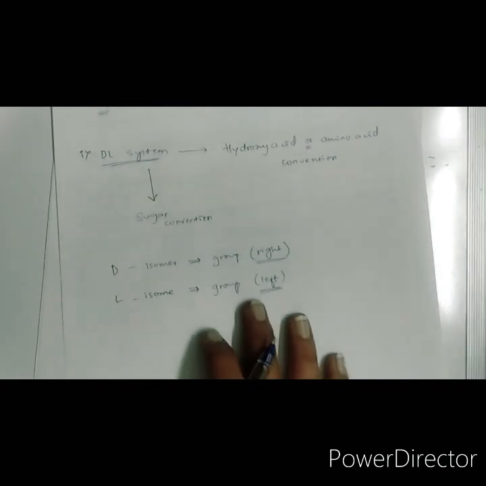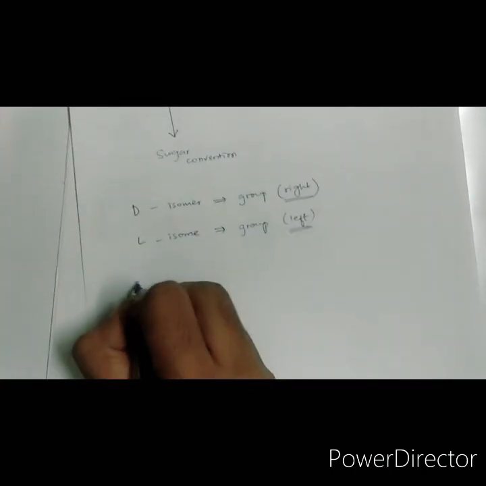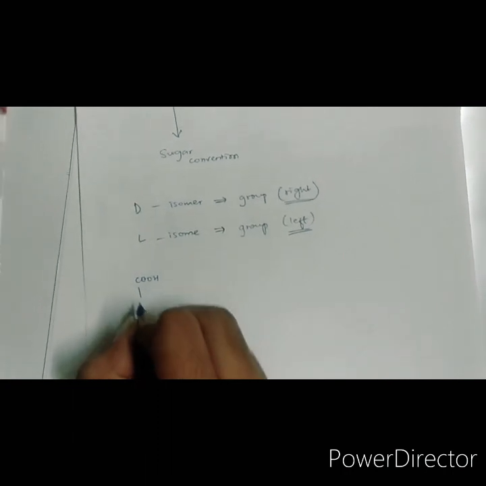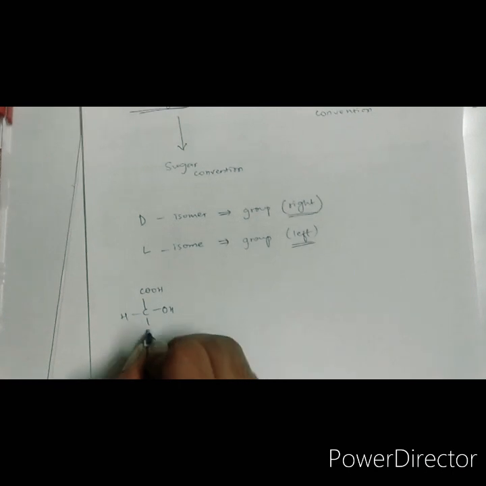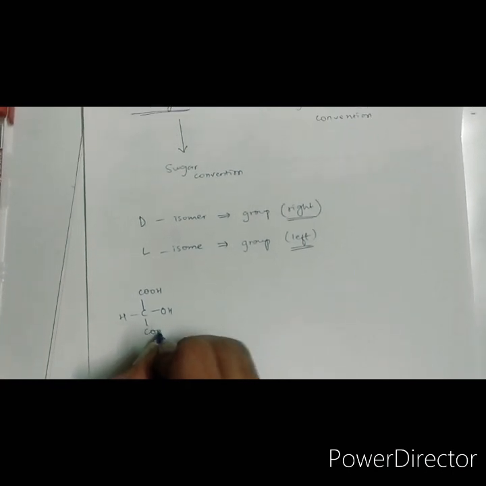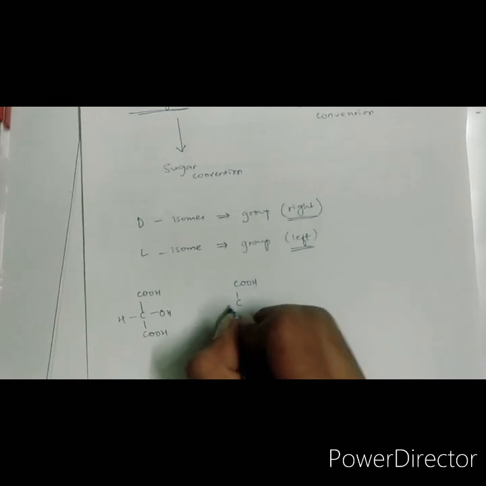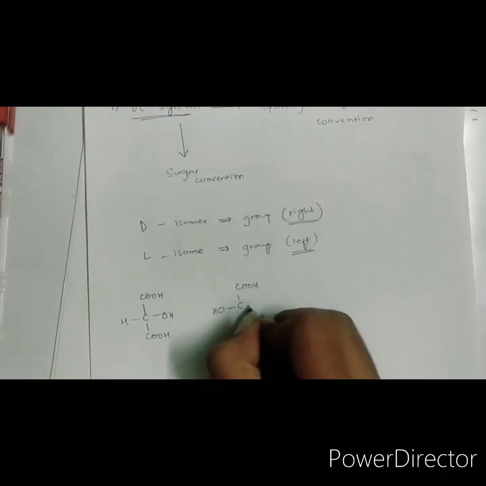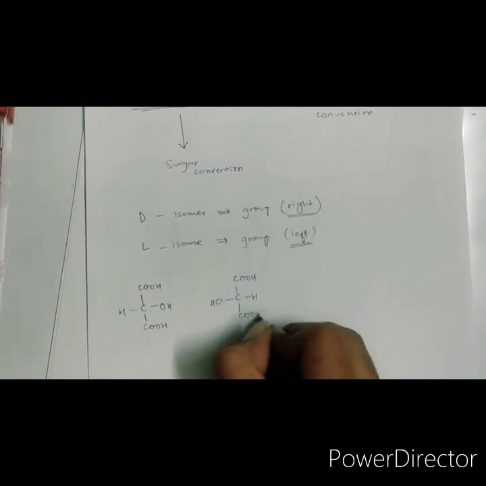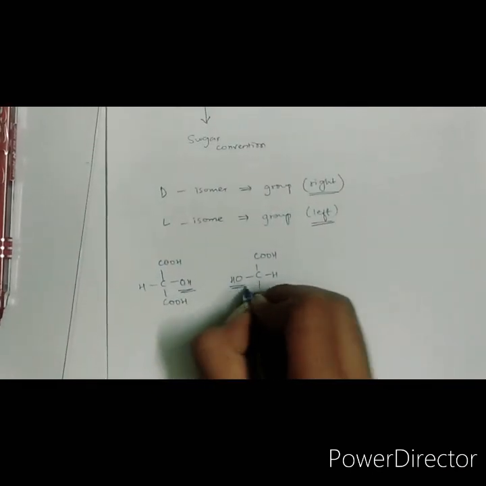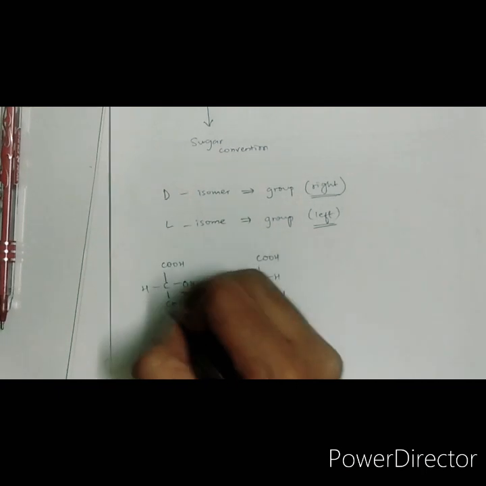In the case of the hydroxy acid or amino acid convention, let us take an example. The hydroxy and acid group. You can see here the hydroxy group, and this is an acidic molecule.